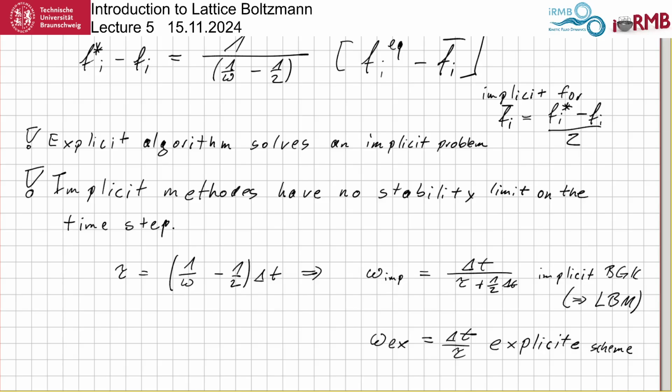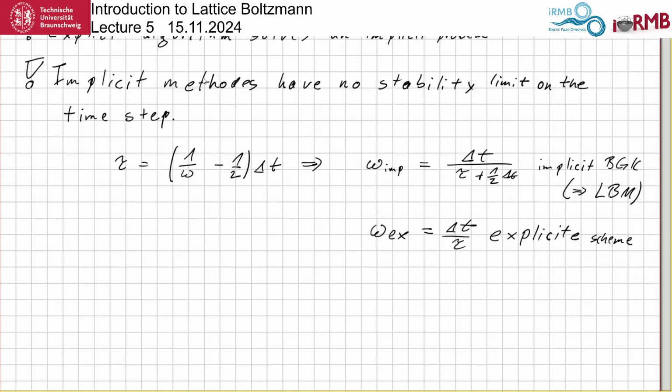Okay, so now see what happens if delta t becomes much larger than tau. Then this omega implicit would go to 2. You can easily verify this. So tau, the mean free time, very short, then omega goes to 2. In the explicit scheme, obviously, it would go to infinity.